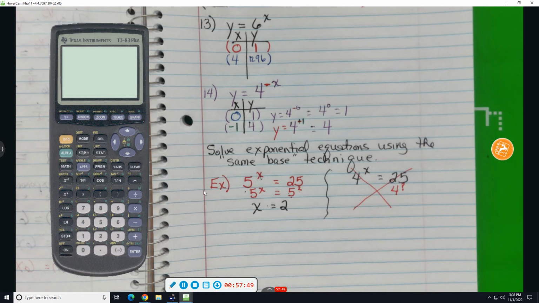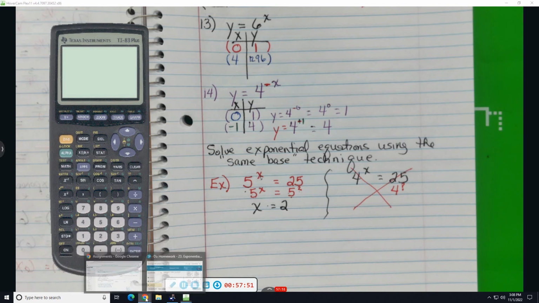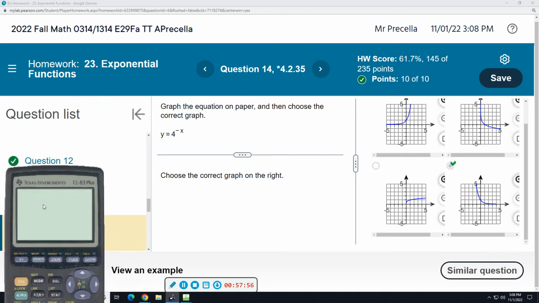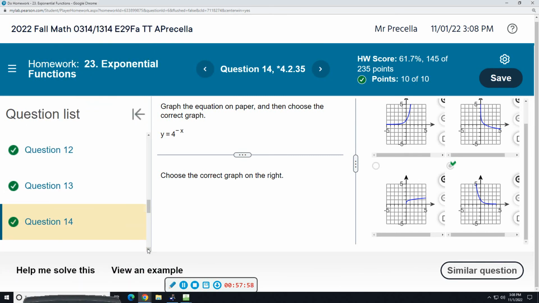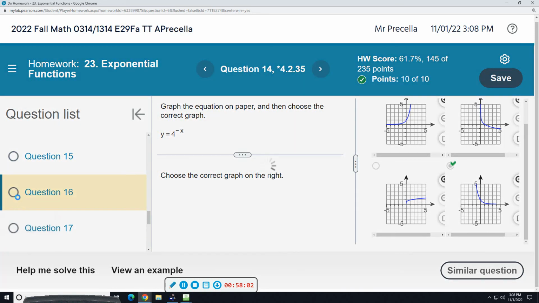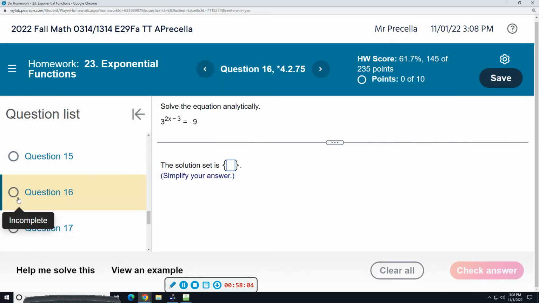A good example to illustrate what we're going to be doing is Problem 16. This is a good first example. It says solve the equation analytically. I could have said solve the equation, but instead they want you to solve it analytically.